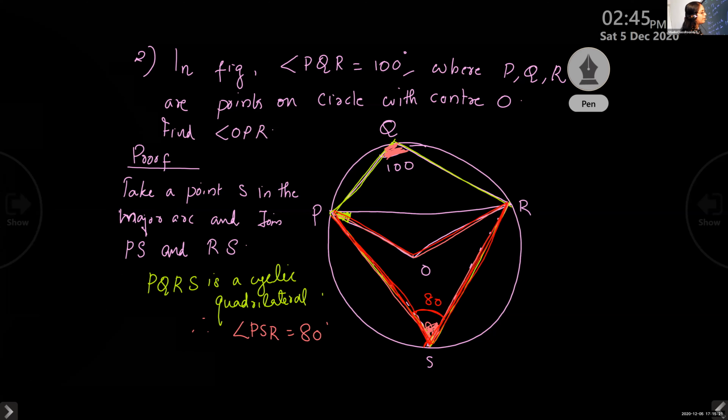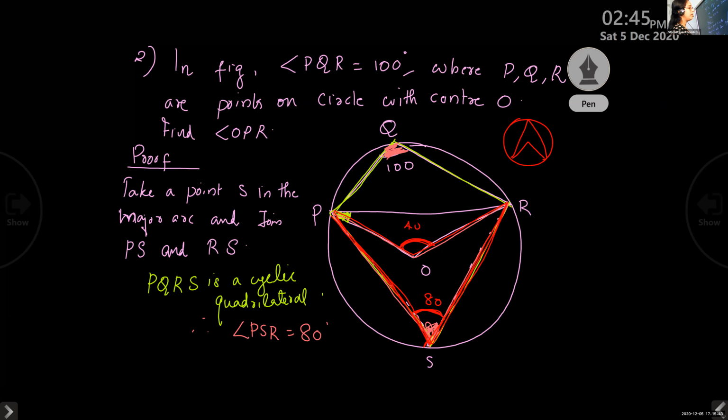Just now we found this is 80. Can you find this? Ma'am, 40 degree. How did you get it? The figure is upside down. If it is like this, you can identify it properly.